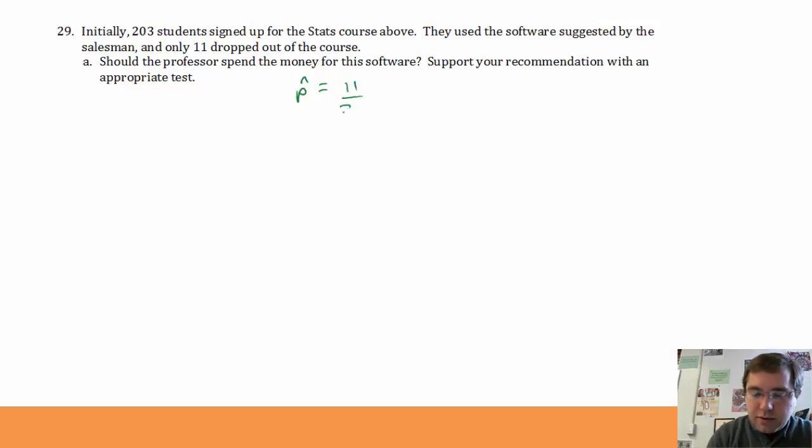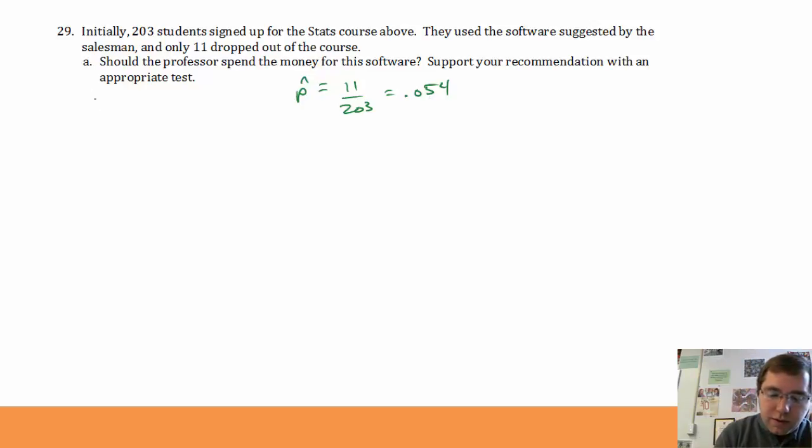Well, it's 11 out of 203, which is 0.054, 5.4%. That's less than 13% by a good margin. Is it far enough below 13% to give us convincing evidence that this is going to happen, that this is going to pay off every semester, and it's not just that our random sample gives us these results by chance?